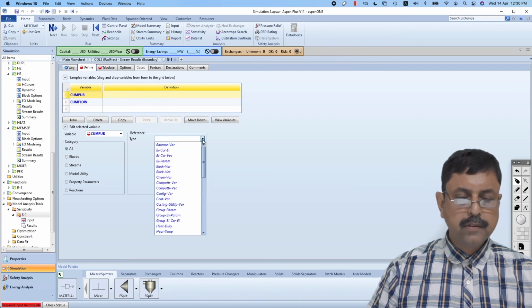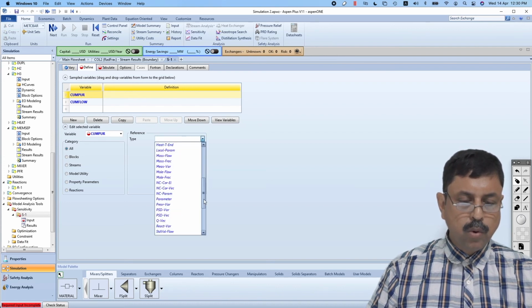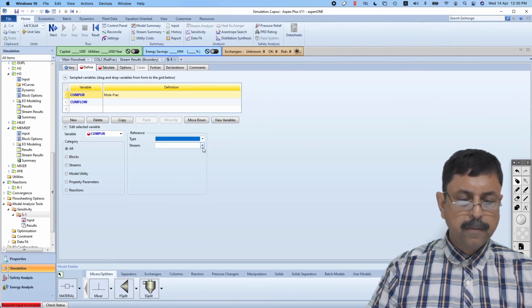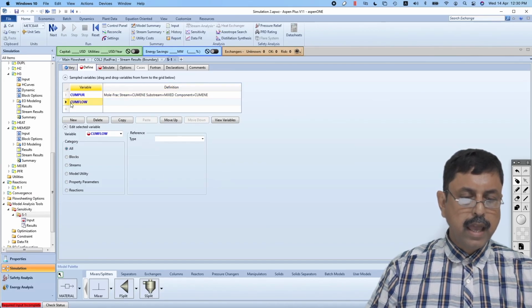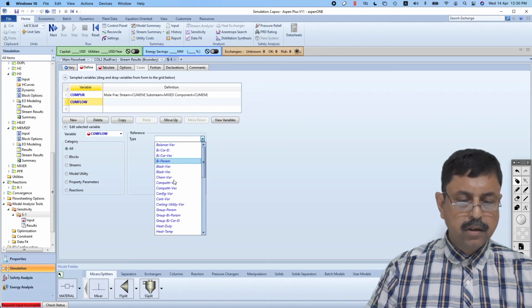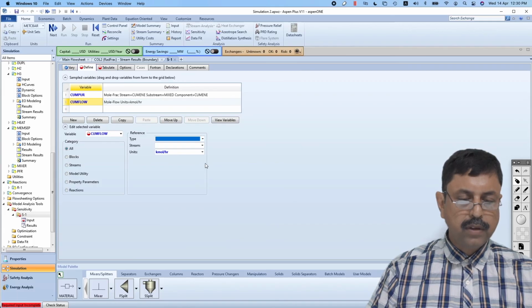Cumene purity is the mole fraction of cumene in the cumene stream. The component is cumene. And cumene flow is again mole flow, the mole flow of cumene in the stream cumene.